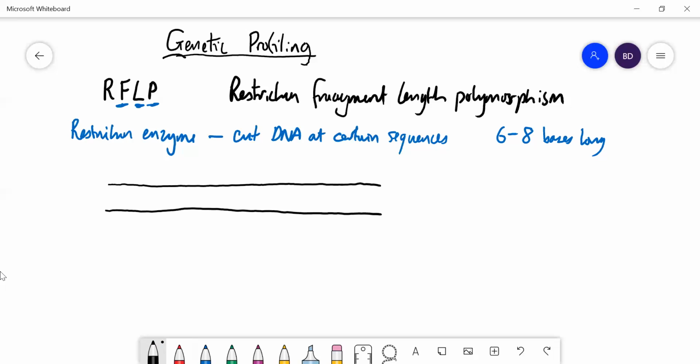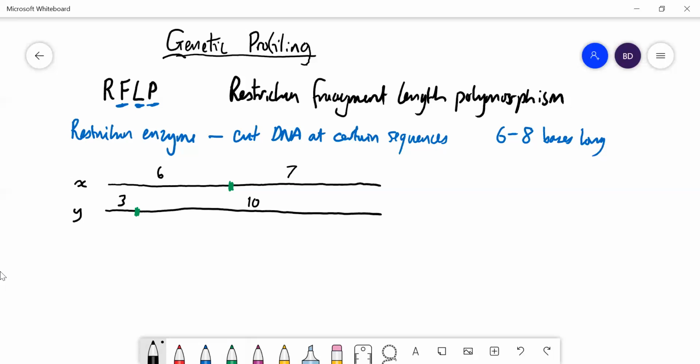Let's call them X and Y. X has a restriction site there, the site that the restriction enzyme can bind to, whereas Y has it here, in a slightly different place. Let's say this is 6 kilobases long and this is 7 kilobases long. And for the sake of argument, that's 3, so that would have to be 10, the same length, both 13 kilobases long.